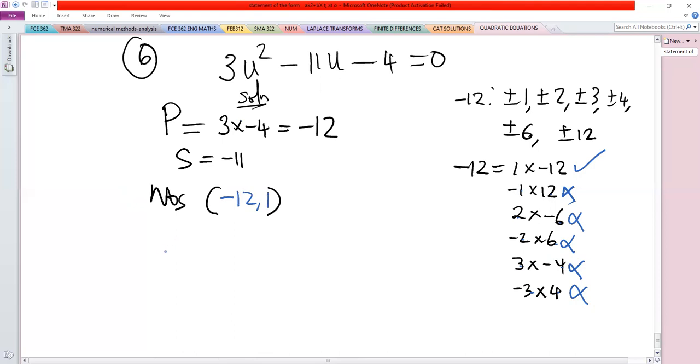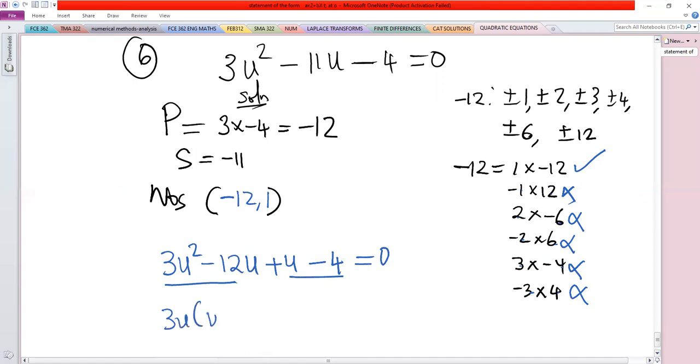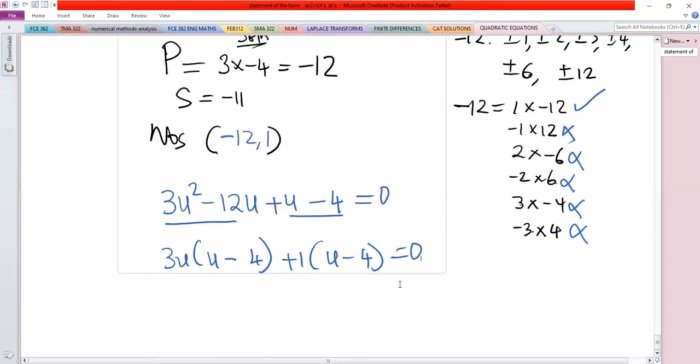So we write this as 3u squared minus 12u plus u minus 4 equals 0. And then you do the pairing. Common here is 3u into u minus 4 plus 1 into u minus 4 equals 0.